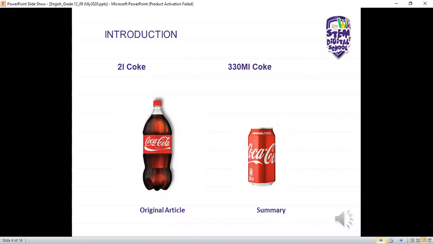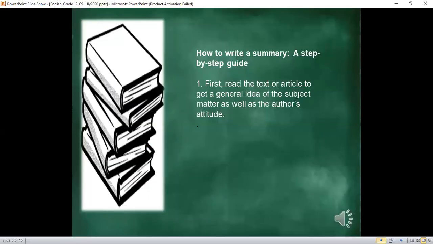I think this example makes it simpler, because we're just reducing the size but keeping the taste. That's what you need to always keep in mind whenever you are doing a summary: reduce the size, but keep the taste. So let's find out how to go about doing this. How do we maintain the taste whilst reducing the size?